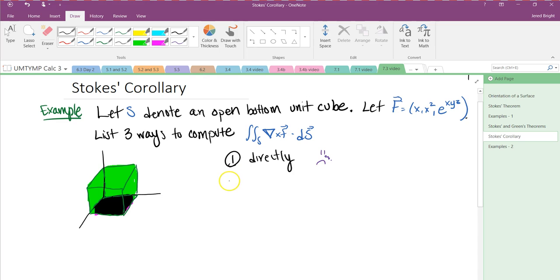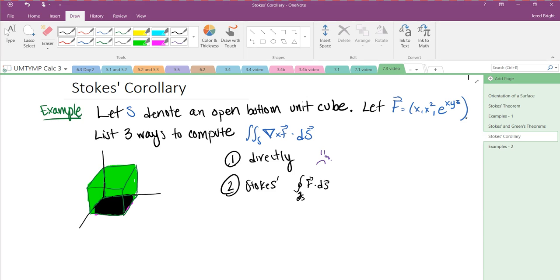We could say, okay, well, we could use Stokes' theorem, right? And so then we can say that this is the closed line integral of the vector integral, f dot ds, and it doesn't turn out that that is much better because we need to get a parameterization.